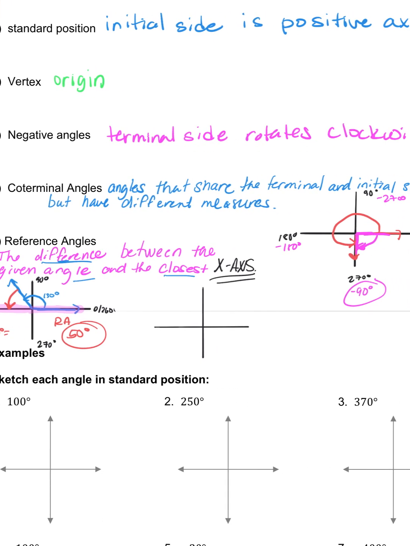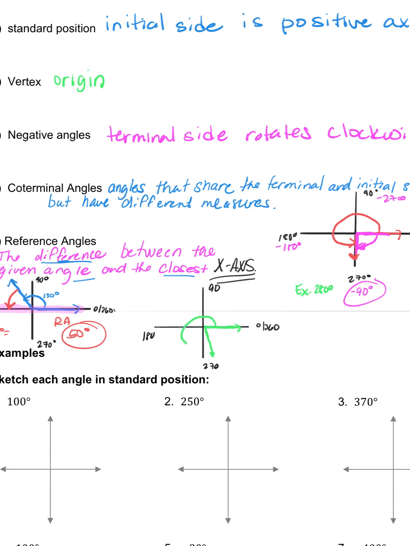This time I want my example to be, let's just do 280 degrees. So again, I'm going to label my graph. I know that 280 degrees is in the fourth quadrant. So it really starts here and it ends up roughly here. That's 280.